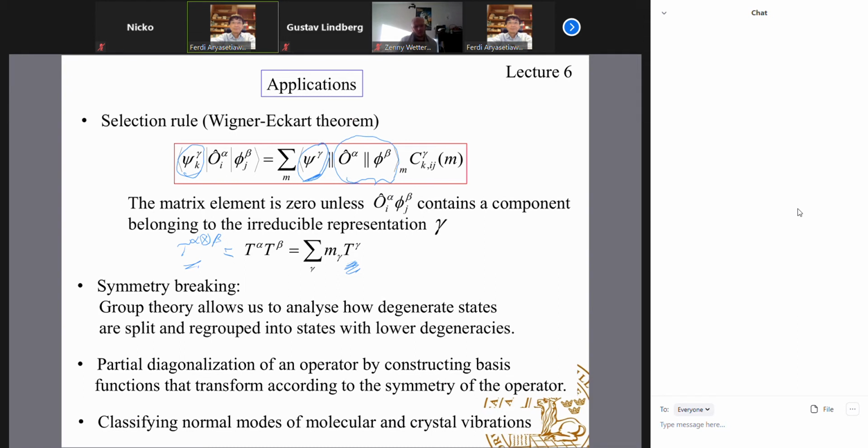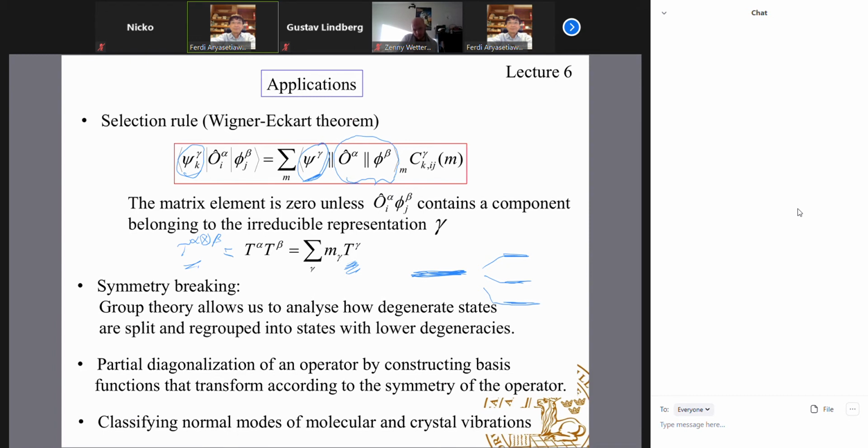Okay, so now we have also the symmetry breaking. I think we talked about it before. So we have a bunch of degenerate states. Then if we lower the symmetry, it generally will split into, again, several states.